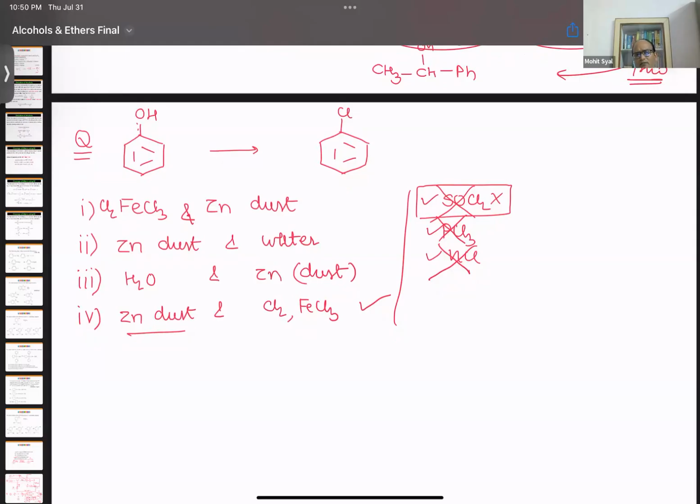If the oxygen is there, let it be, then it is not a problem. But if oxygen is being removed, then use zinc dust always, and then do the reaction again, as per the group which is required to be attached. Is it clear or not?